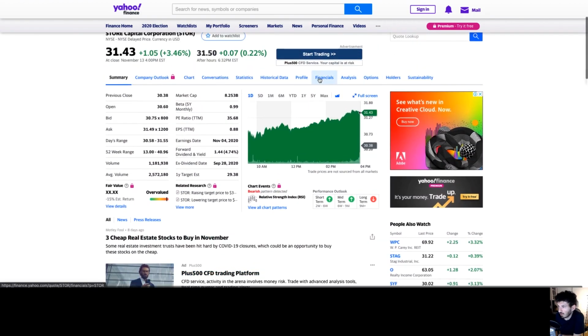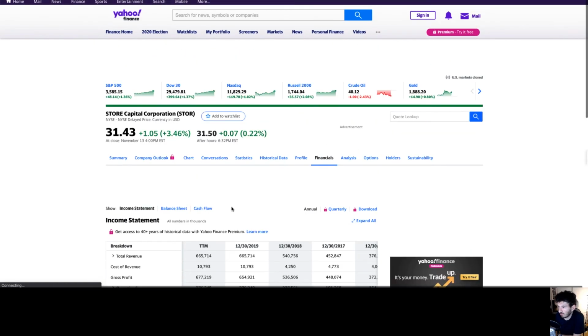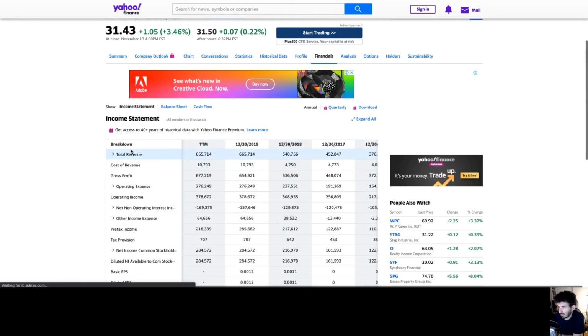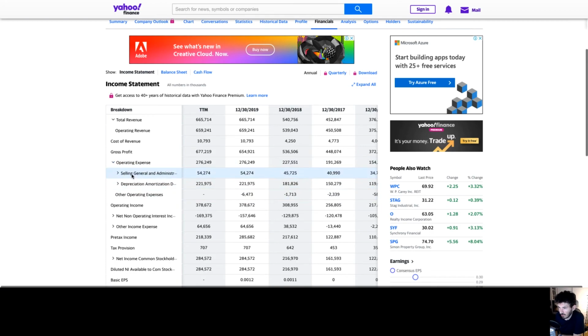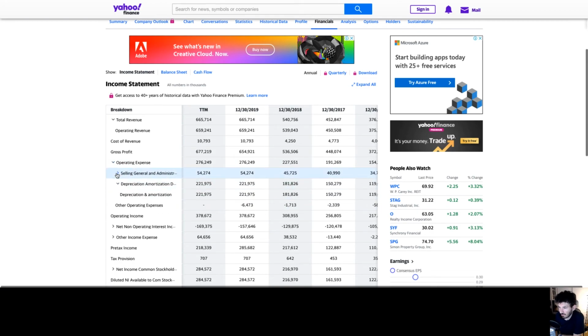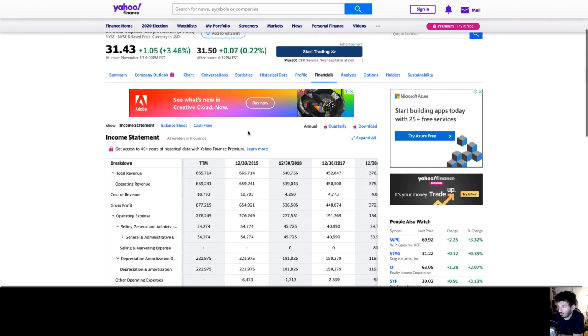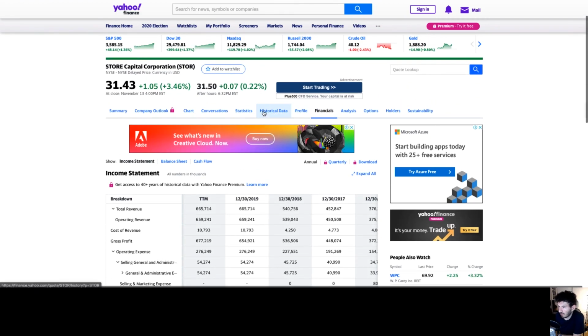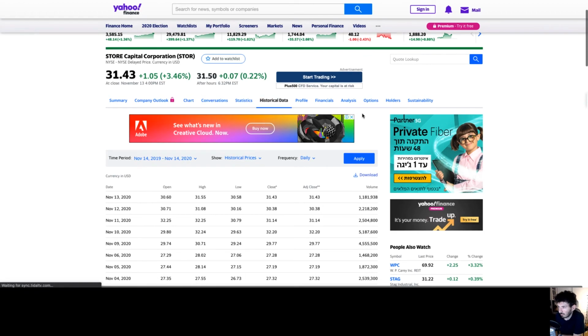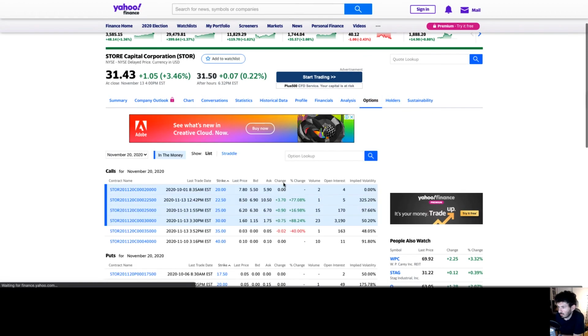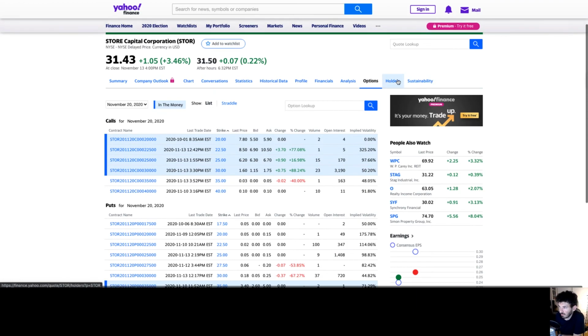You can get a lot of the information that you want in terms of financials here. Open up total revenue, operating revenue, the expenses. So Yahoo supplies you with a lot of historical data as well. You can even see option chains here.